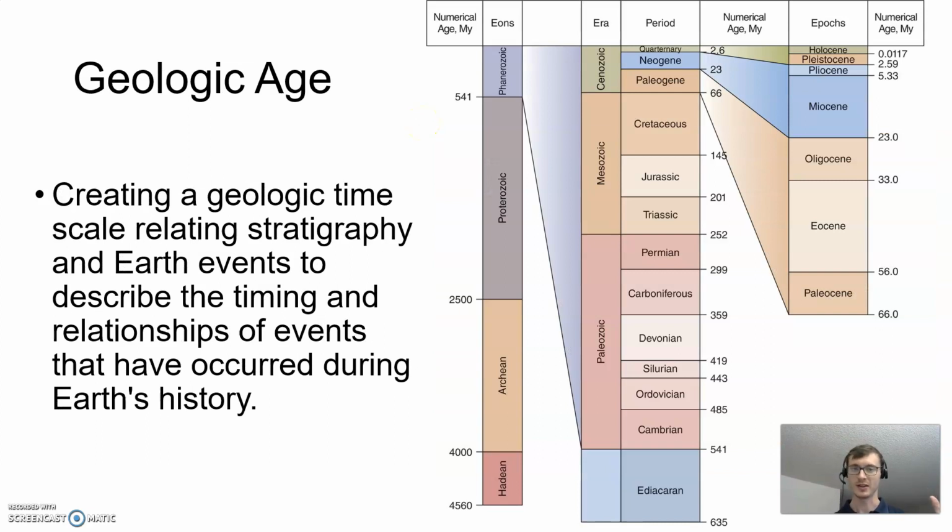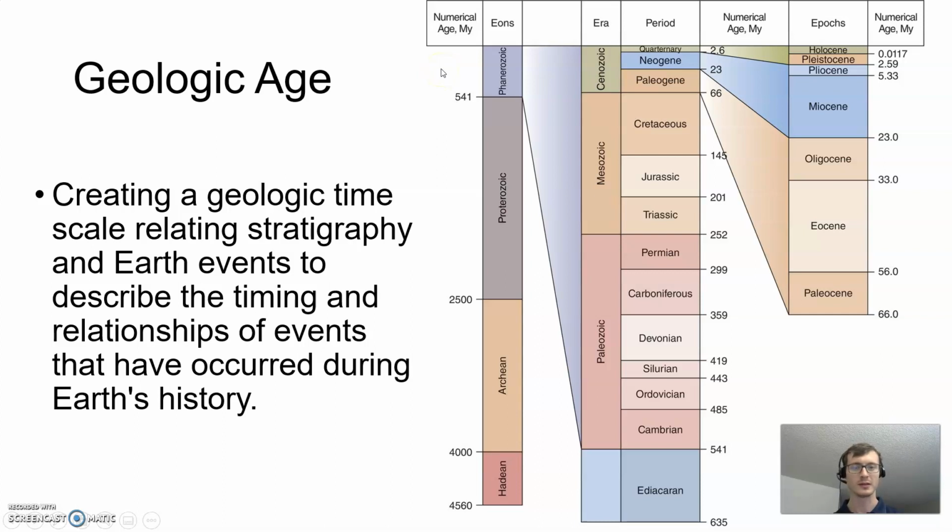We can also use geologic age. So what we have on the right here is the geologic time scale. And unlike a lot of timelines, you'll notice that the oldest years are here at the bottom, 4.56 billion years, or 4560 million years, MY. And as we work our way up, we get to younger and younger rocks.